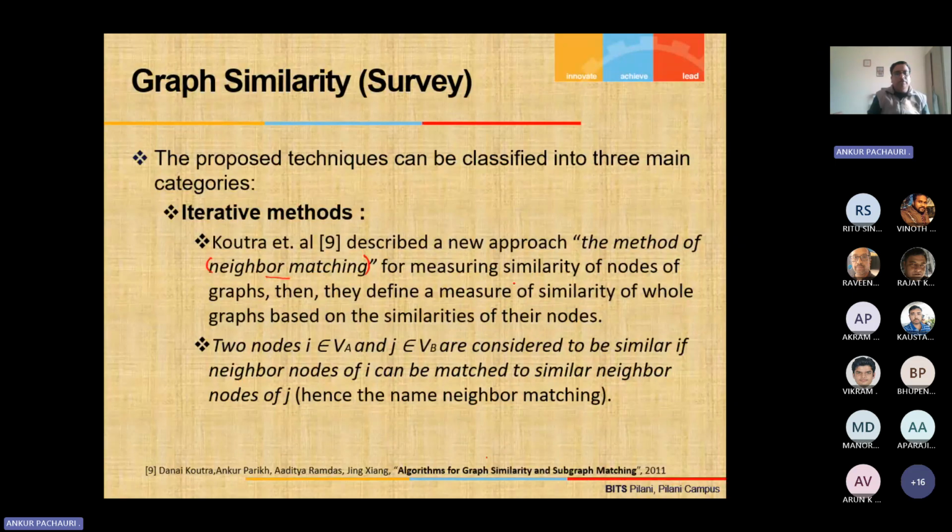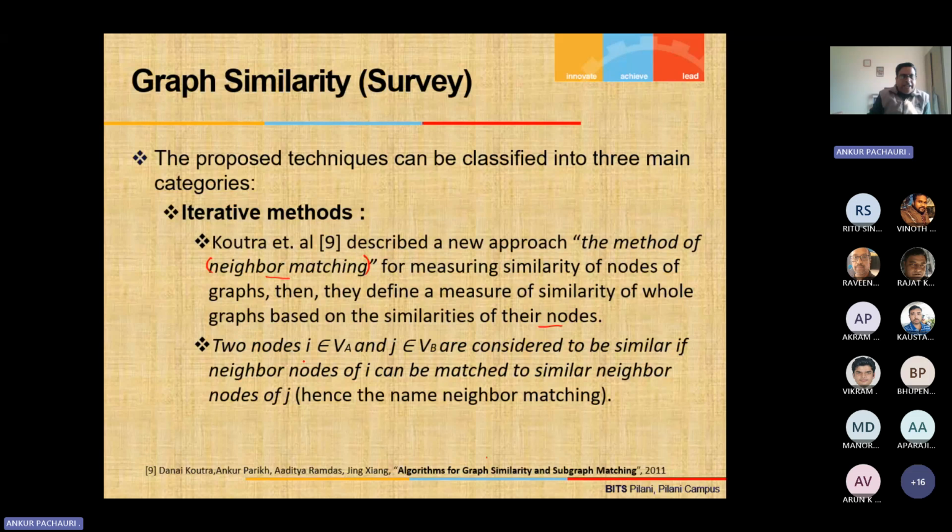For measuring similarity of nodes on the graph, they defined a measure of similarity for the whole graph based on the similarity of their nodes. Their formula is still a bit complex, but it includes much detail about the graph connectivity.